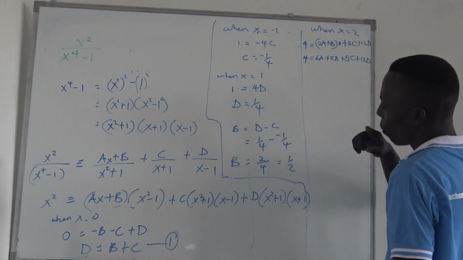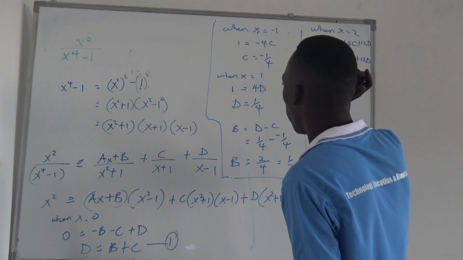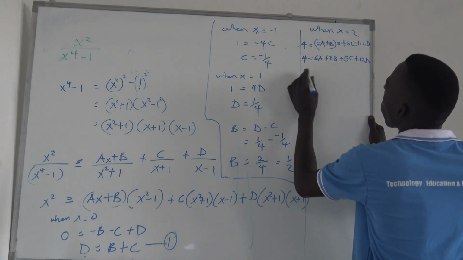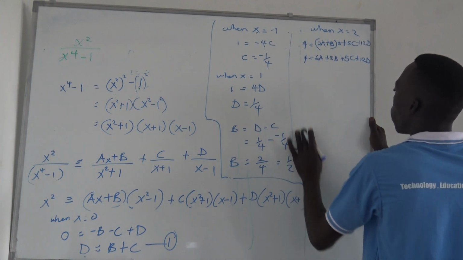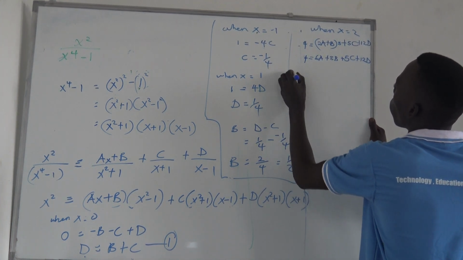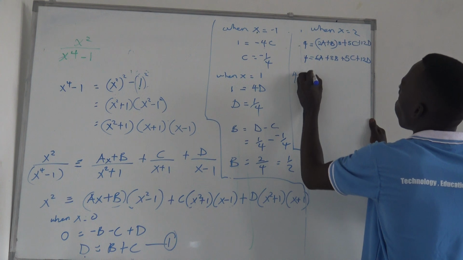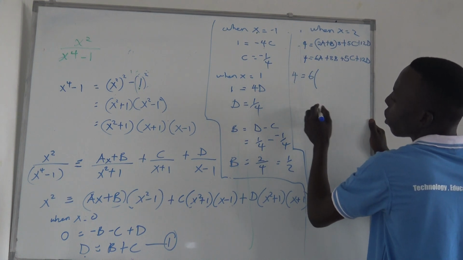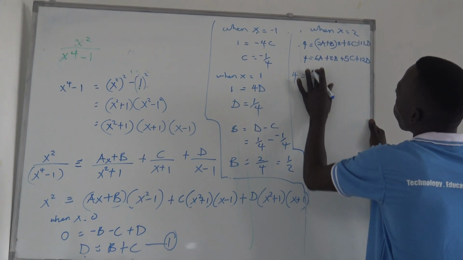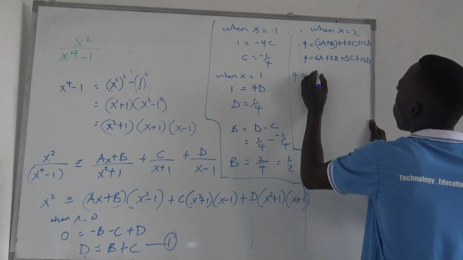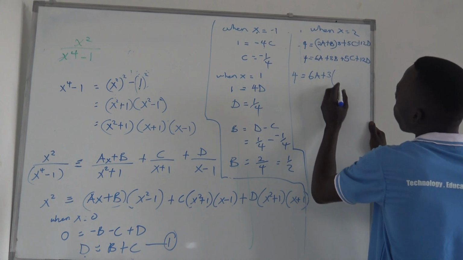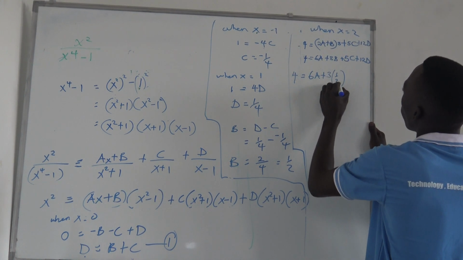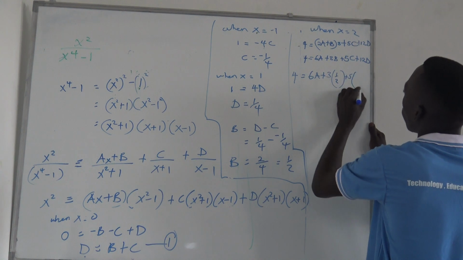So substituting the values, we shall find that 4 is the same as 6 into the value of a, A is what we are looking for, that is 6a, plus 3 into the value of b, which is a half, plus 5 into c.